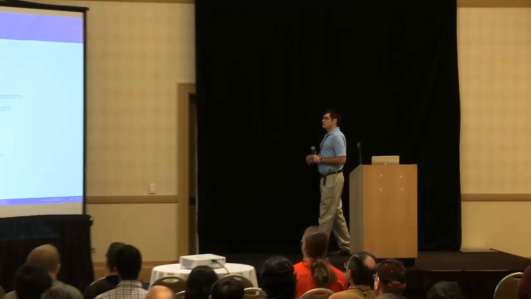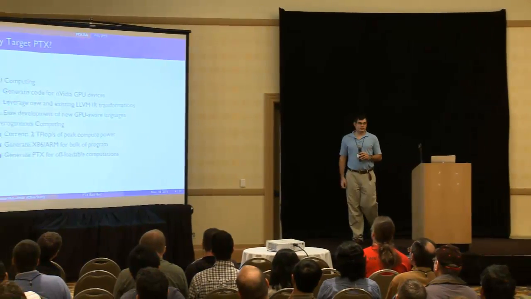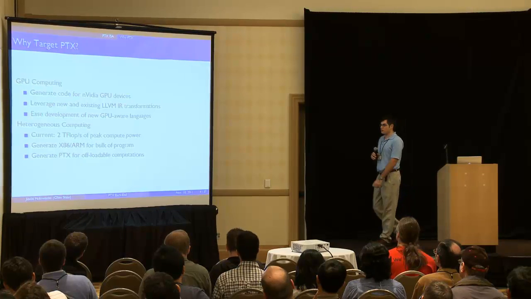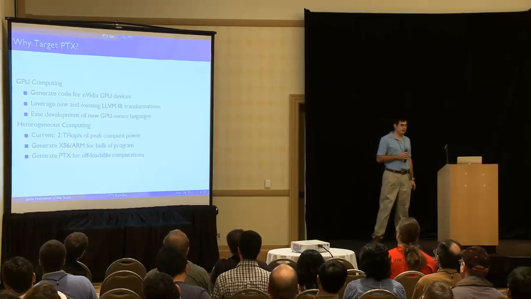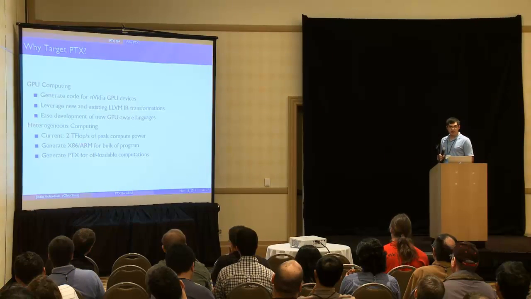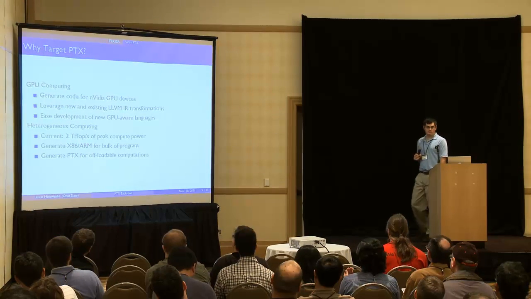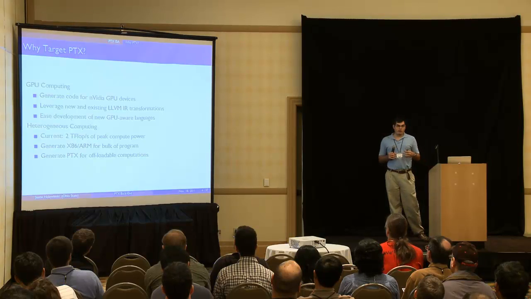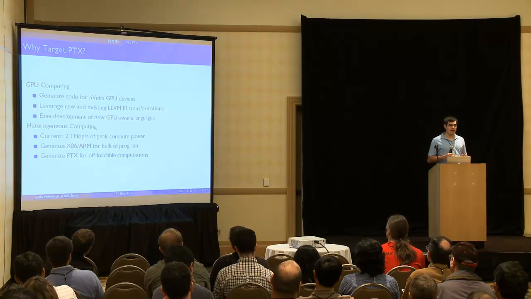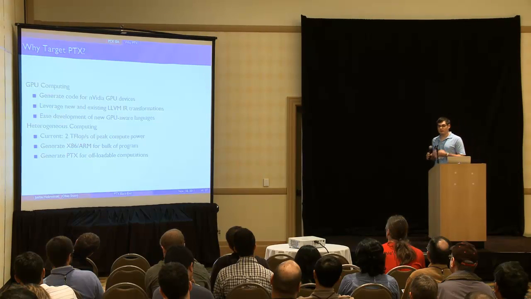We're also interested in looking at heterogeneous systems. So if we look at the current crop of GPU architectures, these things can have up to 2 teraflops of peak compute power. We want to be able to take advantage of these specifically for applications that have a lot of actual floating point code.